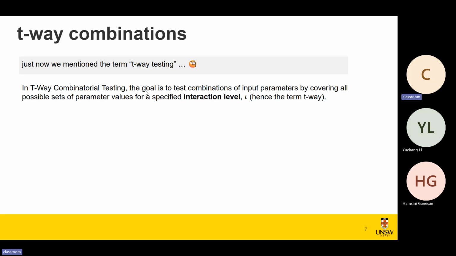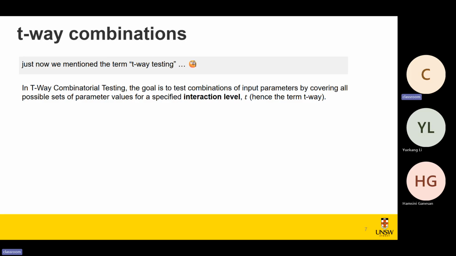The goal of T-way combinatorial testing is to test the combinations of input parameters, covering all the possible sets of parameter values for a specific interaction level.